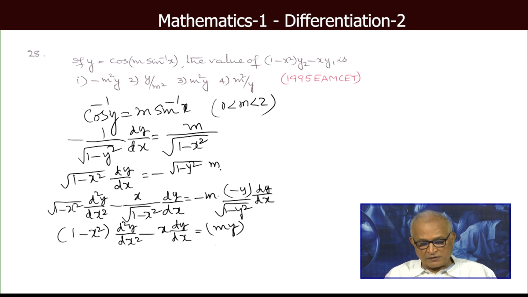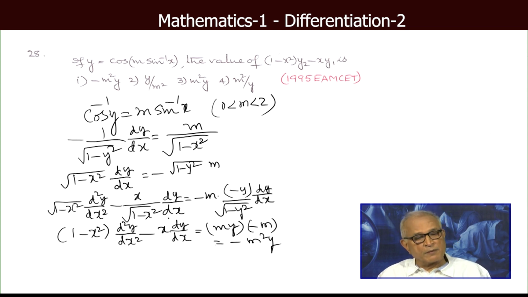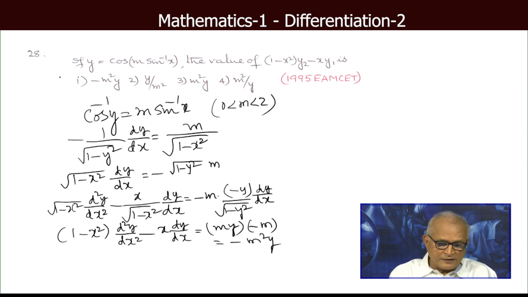Minus root of 1 minus y square into m. And this root of 1 minus y square will be cancelled. So, minus m, that is equal to minus m square y. Follow? I multiplied through by root of 1 minus x square on the right hand side, root of 1 minus x square into dy dx. From the previous step, it is minus root of 1 minus y square into m, cancel root of 1 minus y square, minus m into my, that is minus m square y. So, minus m square y is the answer.